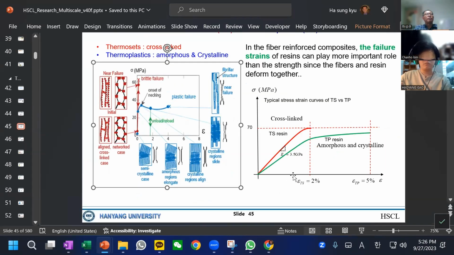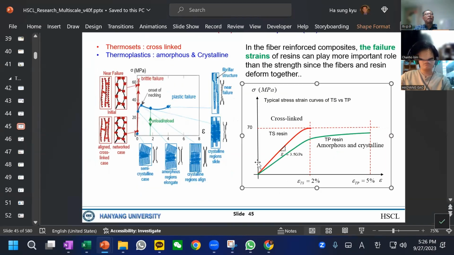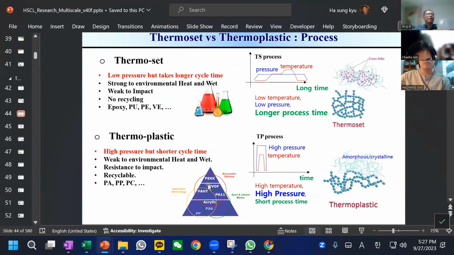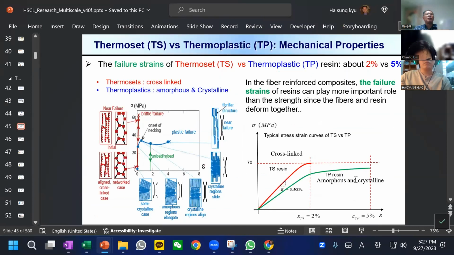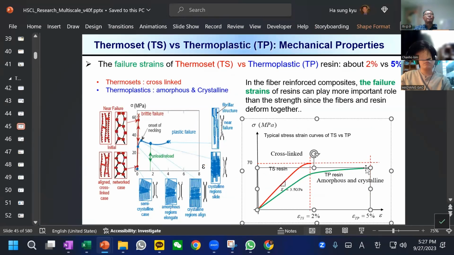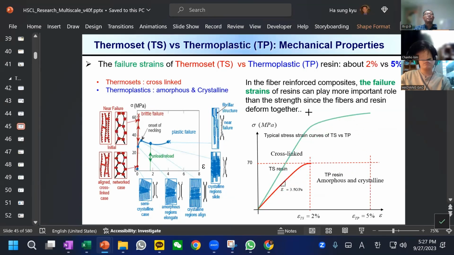So relatively, the thermoset is cross-linked, and the failure strain is shorter, while the thermoplastic failure strain is large, and strength-wise a little bit lower. While sometimes PEEK has very high strength, this can be very high like this, even for the thermoplastic.